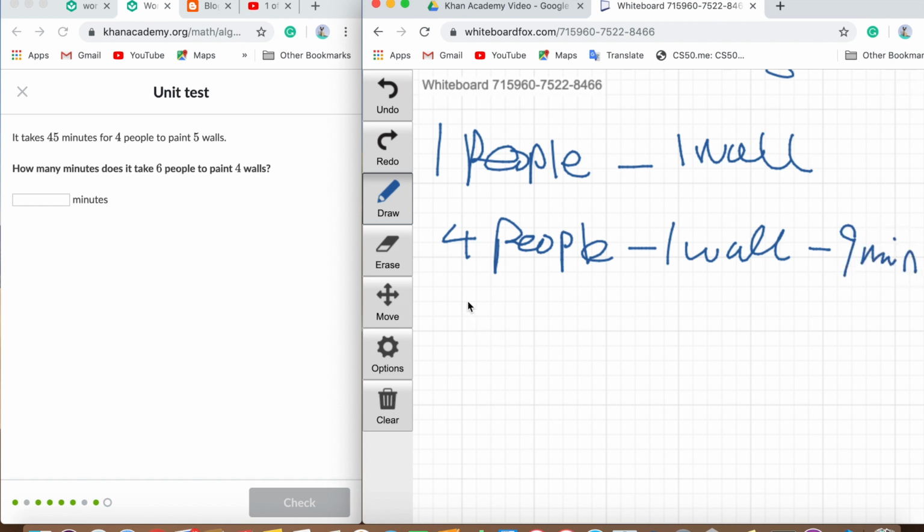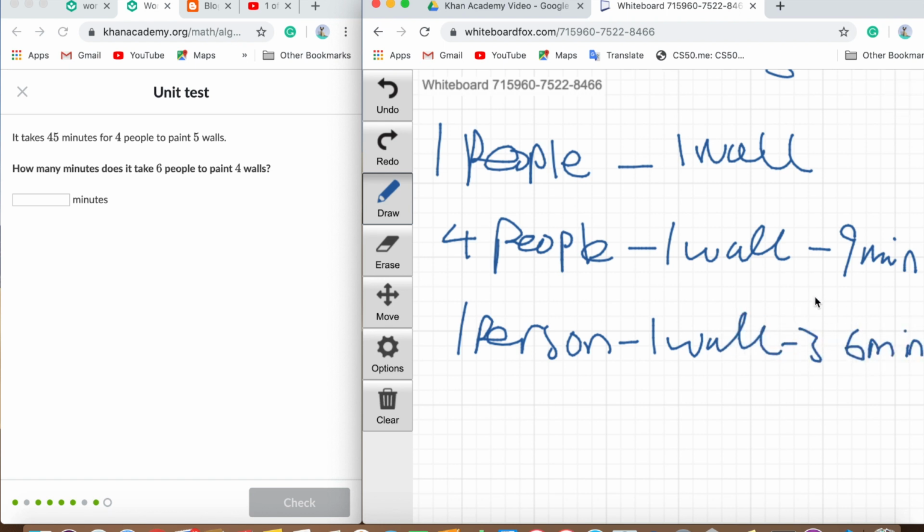And if 1 person does that, he will require 36 minutes for 1 wall. I just basically multiply by 4. And then let's say he wants to paint 4 walls.